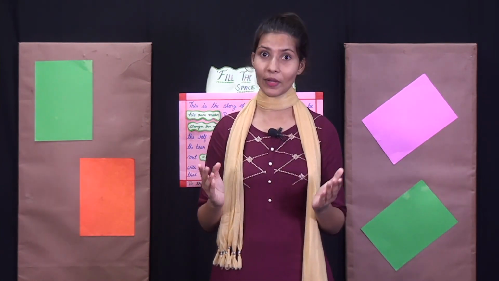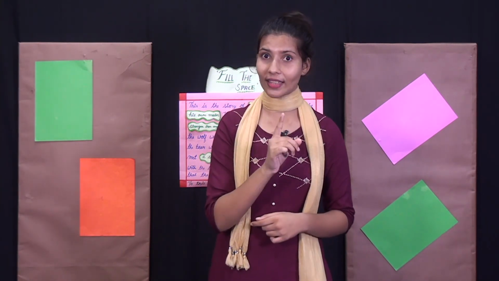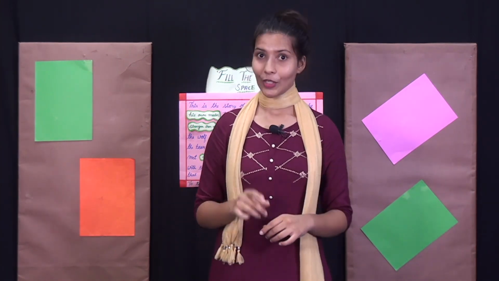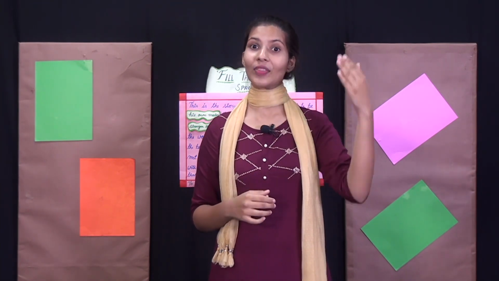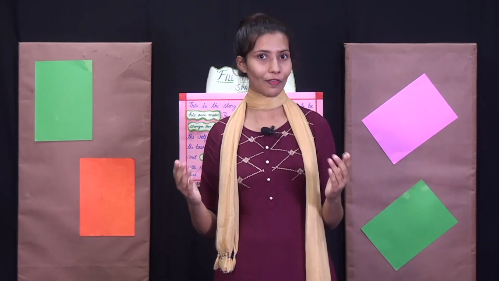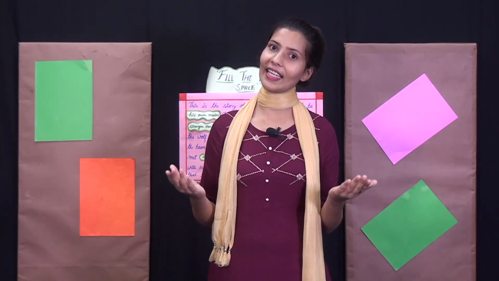While making this chart, one thing you all have to keep in mind, that is, you have to make this chart in a sequence. That means you have to paste photographs starting from the eldest person of your family to the youngest person of your family. You can take help of any elder in your family.